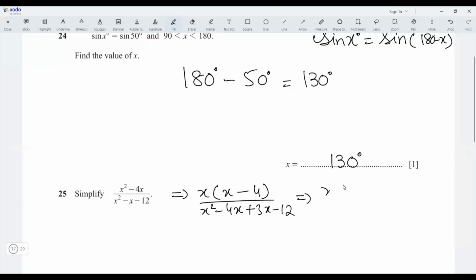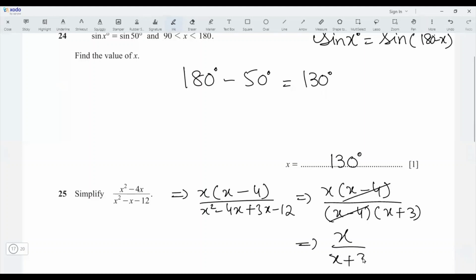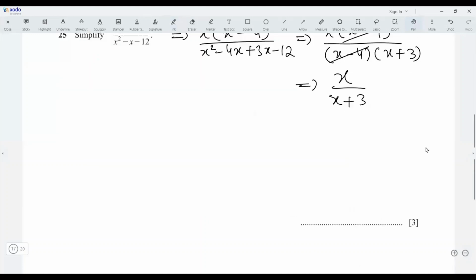So x times x minus 4, whole divided by x minus 4 times x plus 3. So x minus 4 and x minus 4 will cancel. So the answer is x over x plus 3. This is the simplified answer for the fraction.